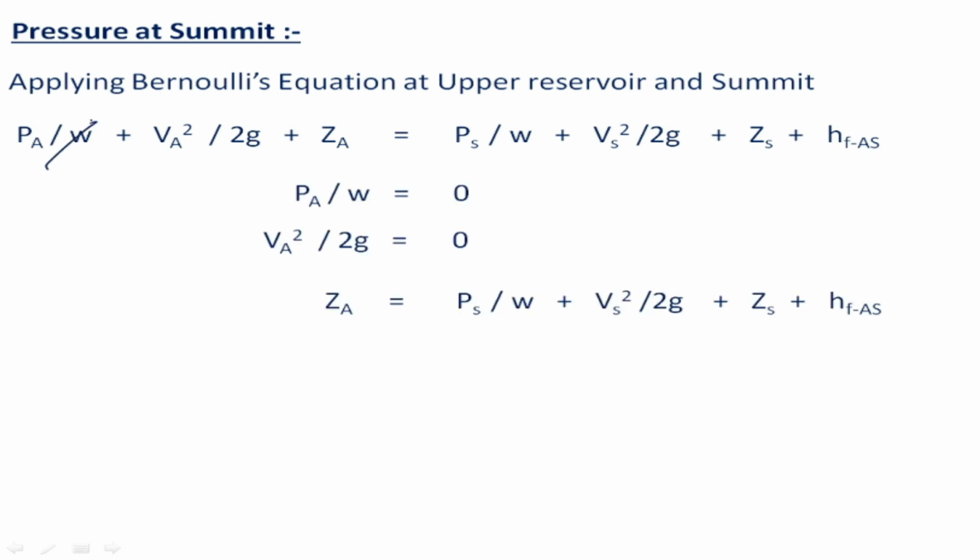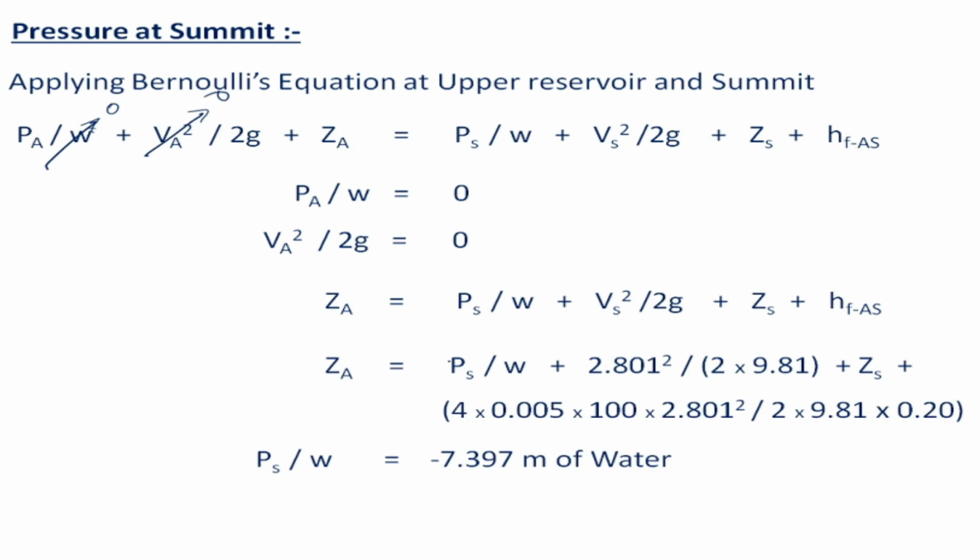So pressure head and velocity head is 0 with respect to upper level water reservoir. ZA is equal to pressure head at the summit plus velocity head. Substitute the velocity at summit. The velocity is uniform throughout the siphon. So velocity through the siphon is equal to 2.801 meter per second.